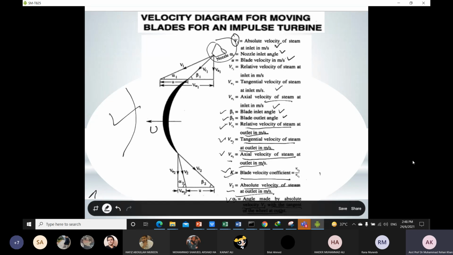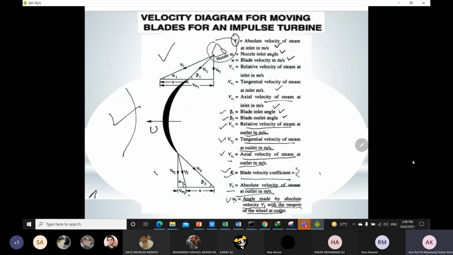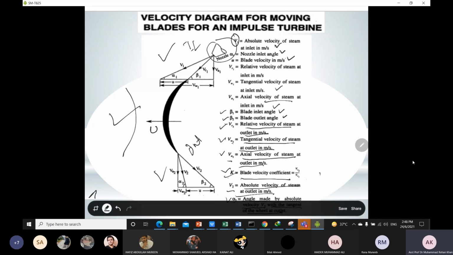I will suggest you draw these velocity diagrams at the inlet and at the outlet by yourself so that you will get some understanding of it. If you have any question, you can ask me, or otherwise we will take some break and then continue from this.